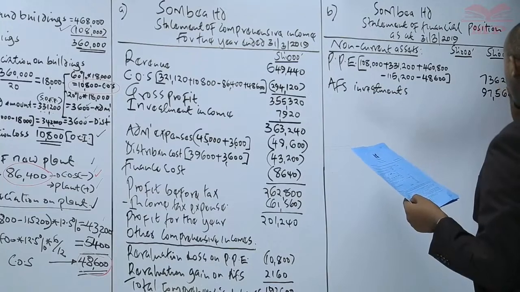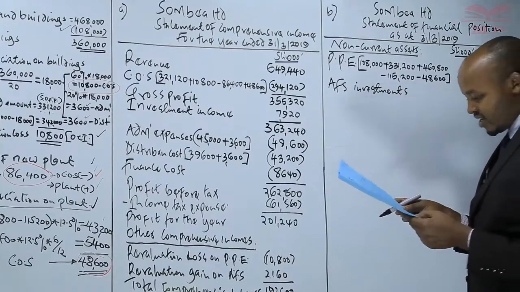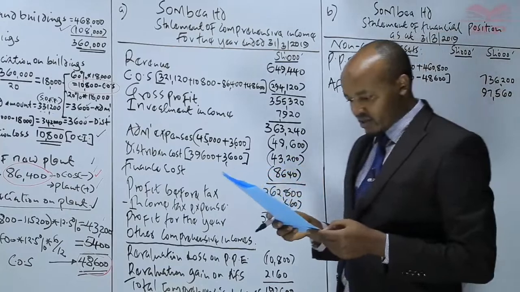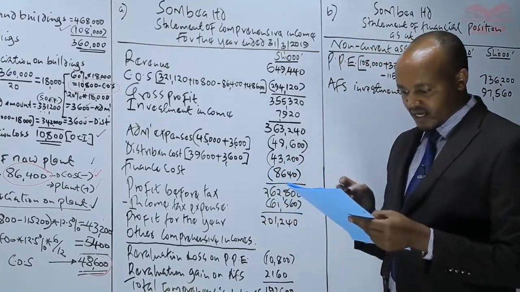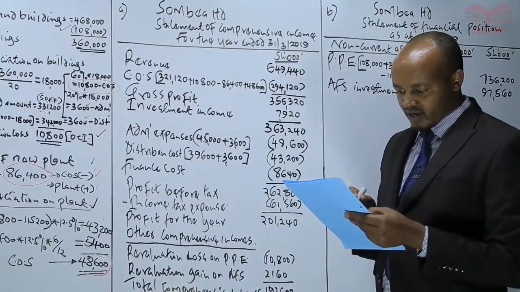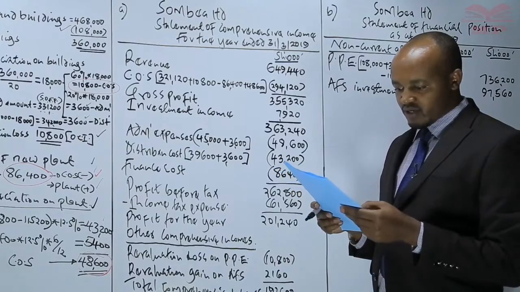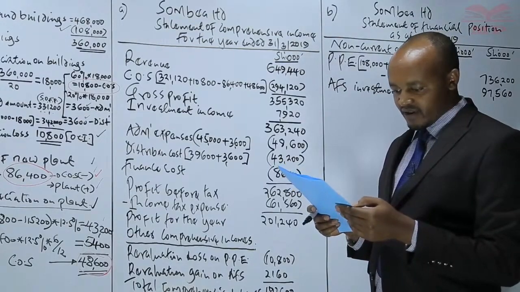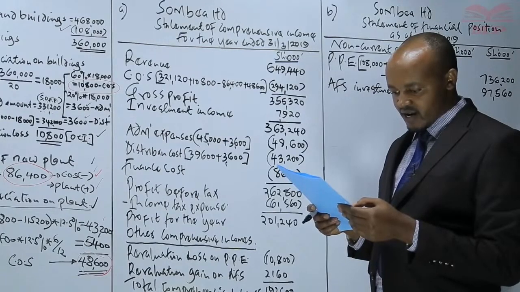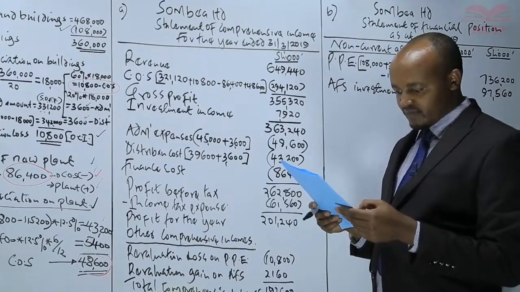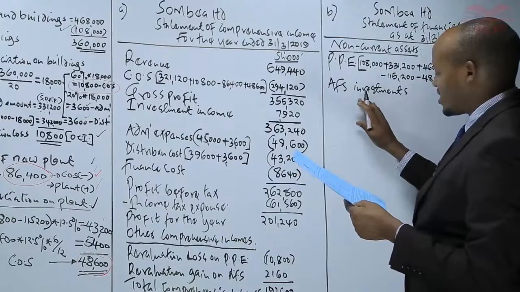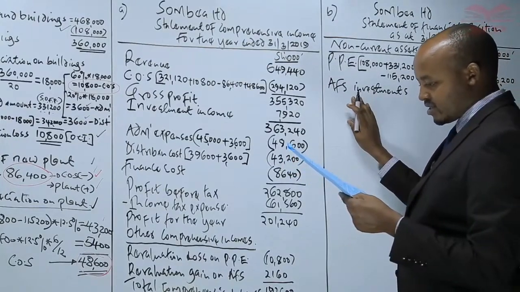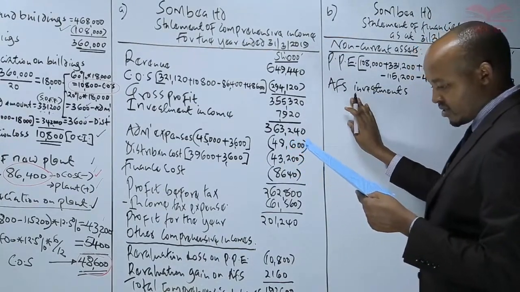So we include it there at its fair value at the end of the year. Then we check whether we have any other non-current asset. We have dealt with land and buildings, plant, and AFS, and I don't think we have any other asset, because any other asset we could include here would be intangible assets, and in our case we don't have that.